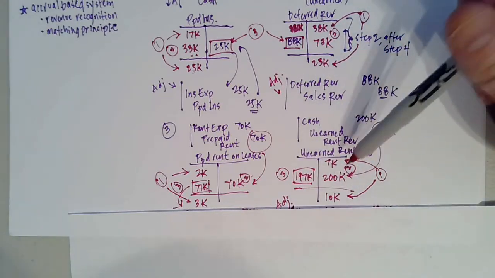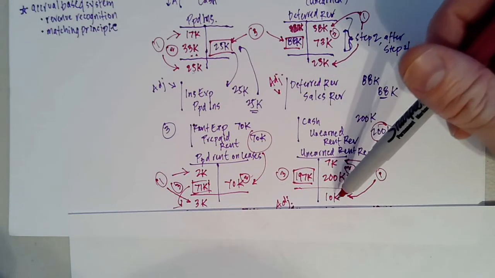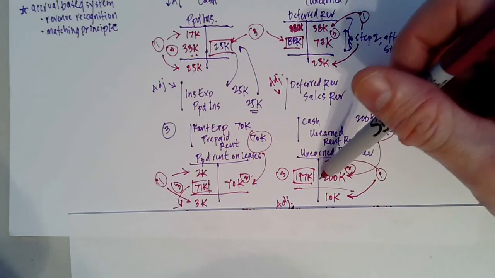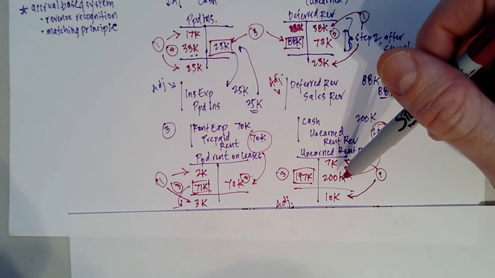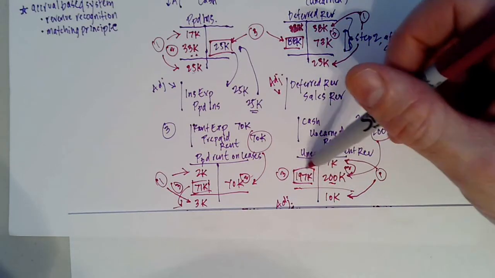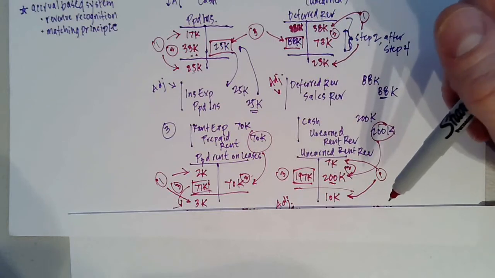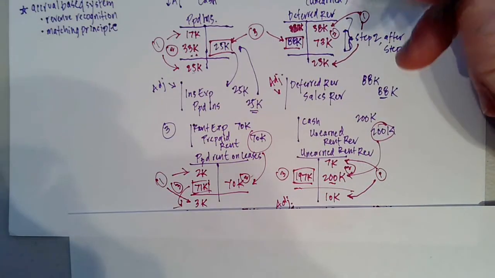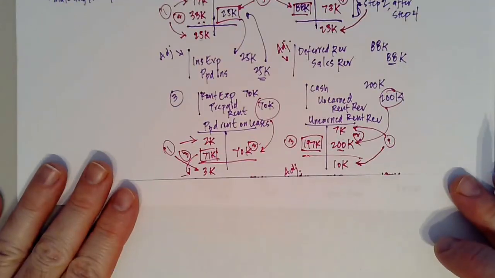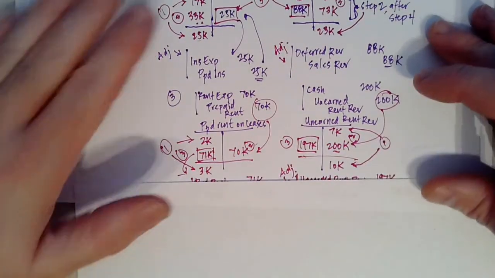Or again, you could say, all right, I went from 7,000 to 10,000. That's a $3,000 increase. Right here, I have a $200,000 increase. So I need to get rid of all but $3,000 of this increase. That would be 197,000. So the math isn't that hard. It's understanding where all this stuff fits in that's the more difficult part, quite honestly.